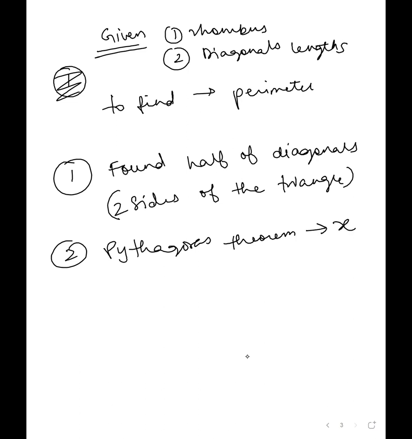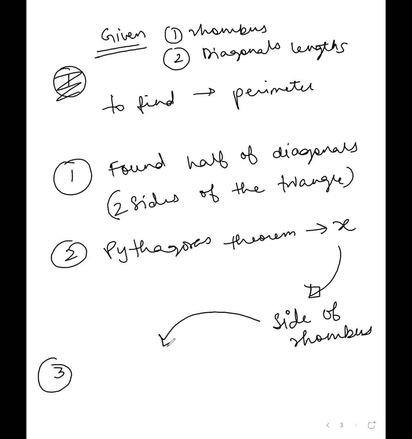And what is x? 17. Yeah, but x is the side of the rhombus, right? Then from the side of the rhombus, we were able to find the perimeter. Perimeter is equal to sum of all the sides. So we did it in 3 steps. Now is it clear to you, the whole question? Yeah. Good.